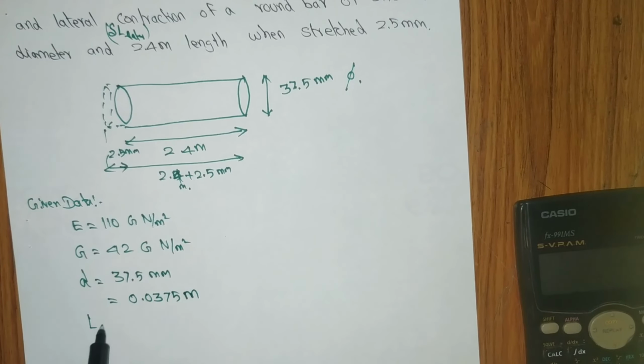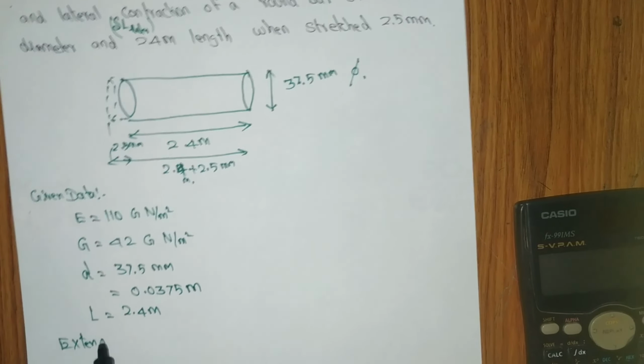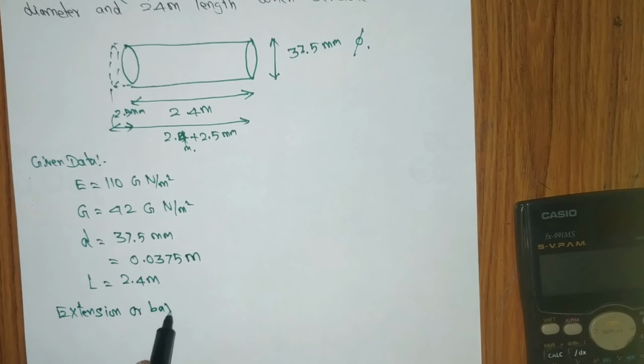So length of the bar L will be 2.4 meter. Extension, that is while applying the load, the bar will elongate with the length of delta L equal to 2.5 mm or else 0.025 meter.